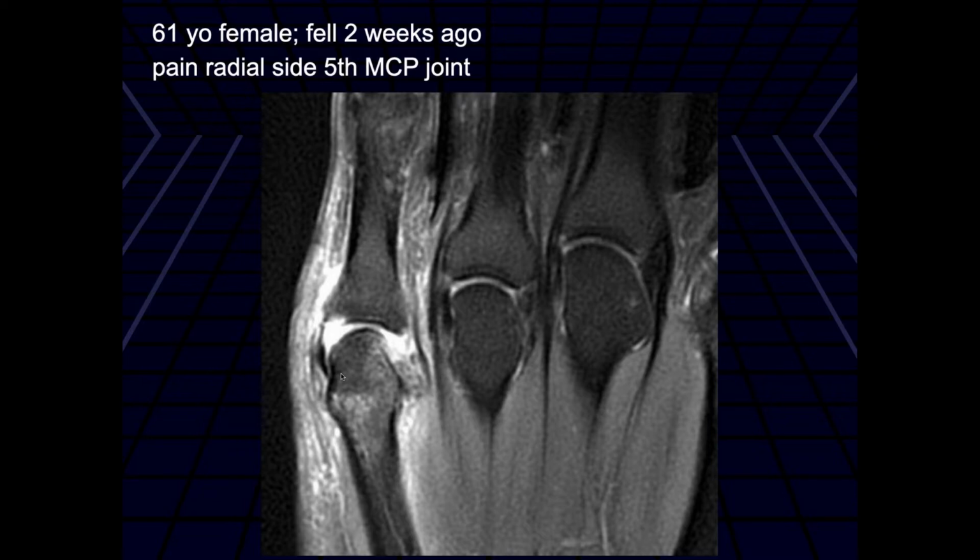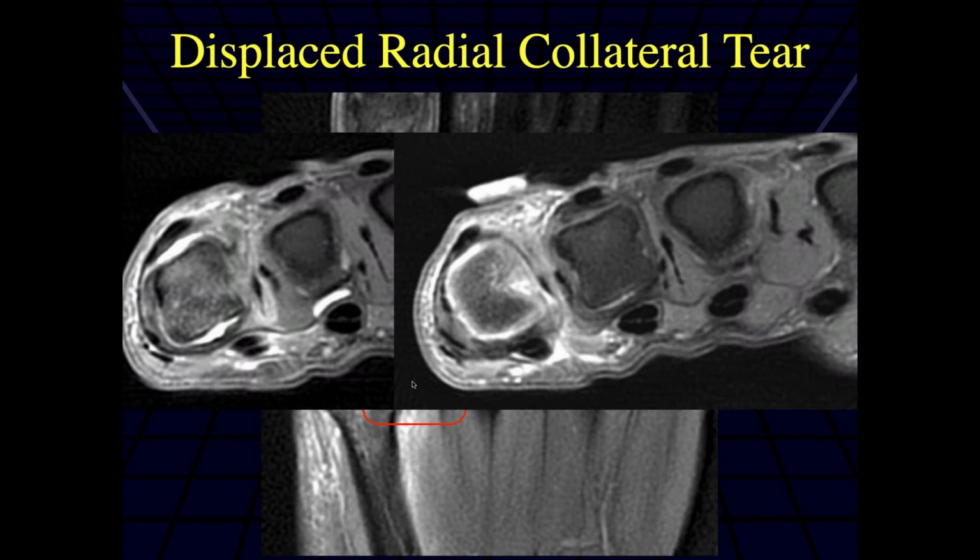Yeah. So 61-year-old female fell 2 weeks ago with pain on the radial side of the fifth metacarpophalangeal joint. You could see that on the radial side of the fifth metacarpal, there's irregularity and detachment of the proximal collateral ligament, and I think that's a Stener lesion, or like a Stener-like lesion with the aponeurosis being displaced.